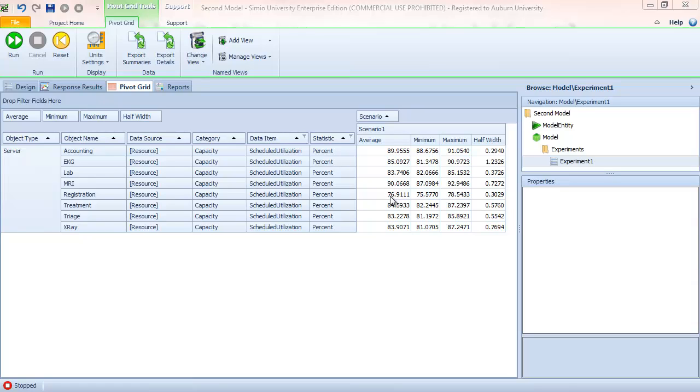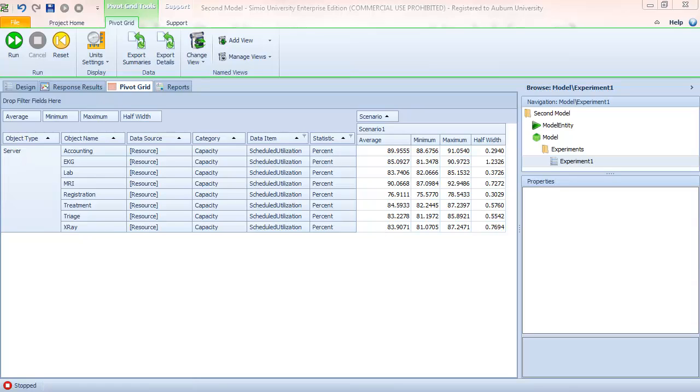Our registration is 76.91, and we expected 76.7. Our treatment is 84.6, and we expected 87.5. Our triage is 83.2, and we expected 83.3. And our X-ray is 83.9, and we expected 83.3.